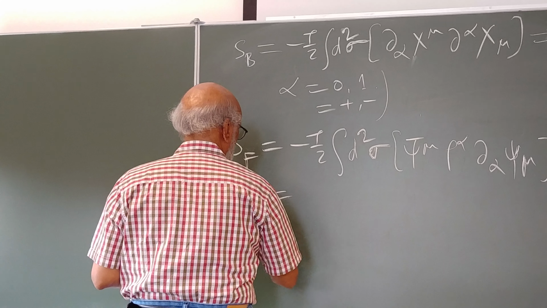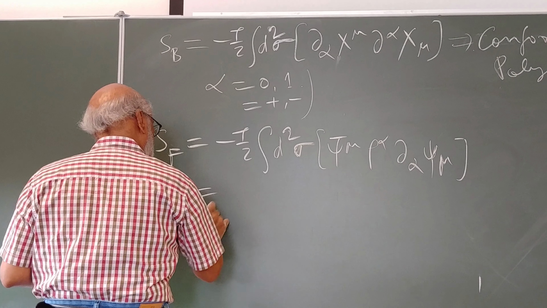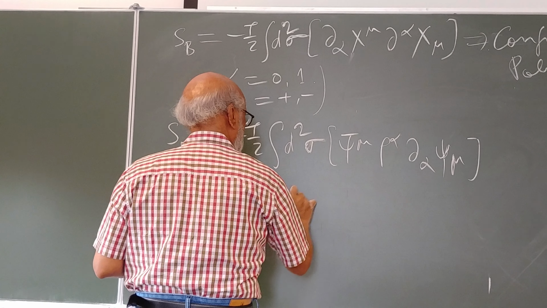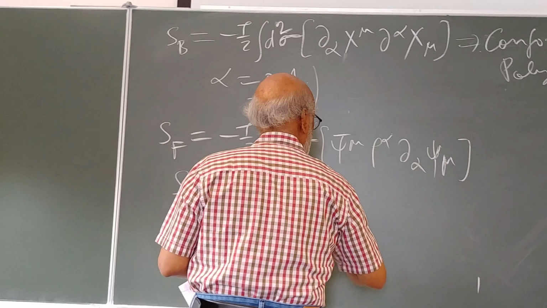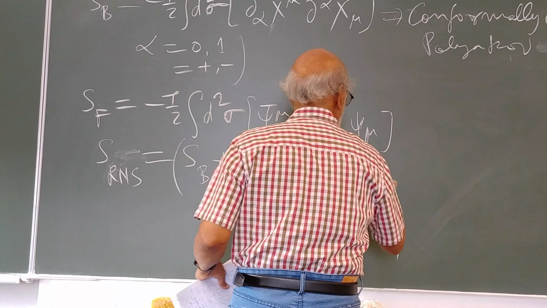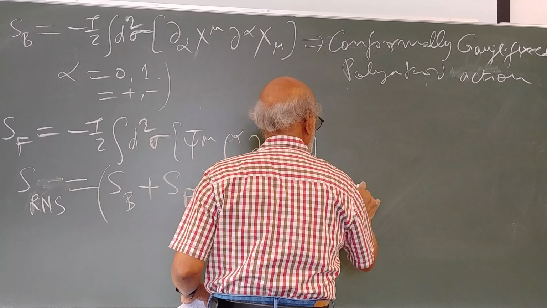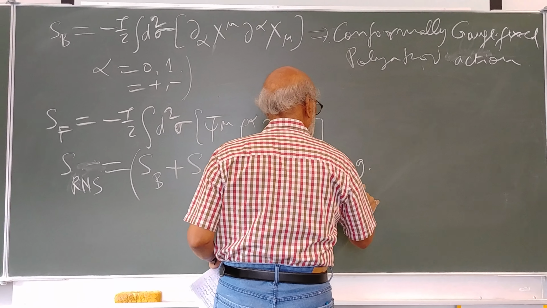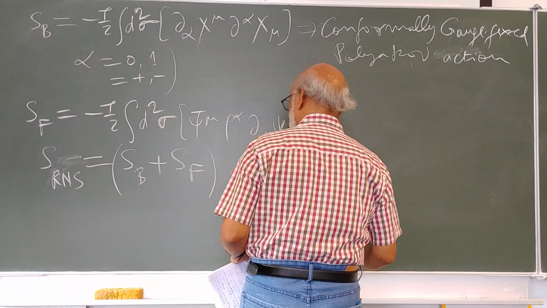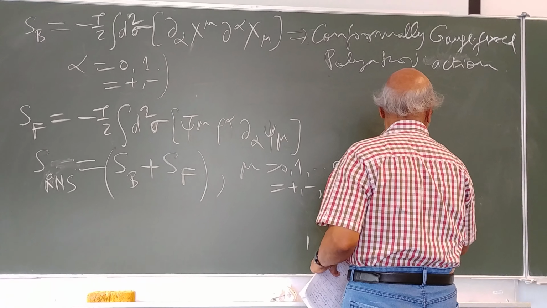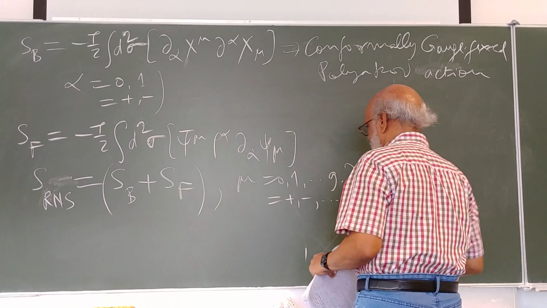I would call it S. This is defined as the sum of S_B plus S_F, and here mu goes up to 9, or plus minus up to 9, and alpha is 0 to 1 or plus and minus.